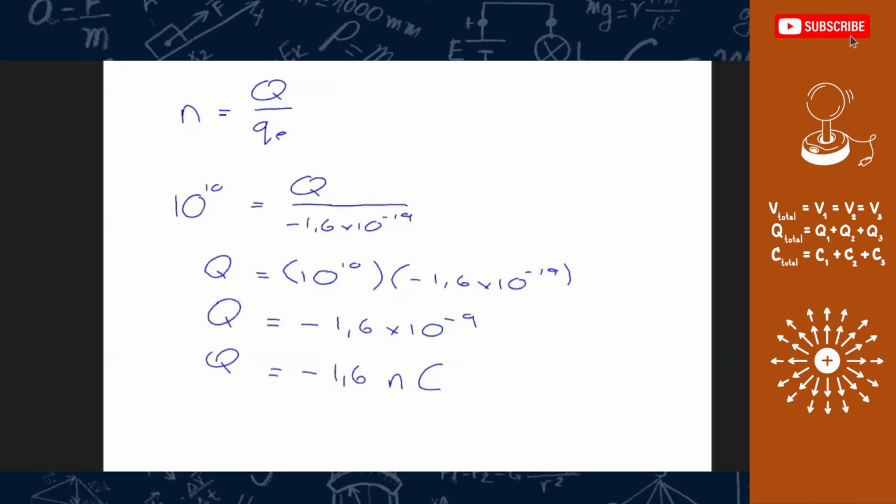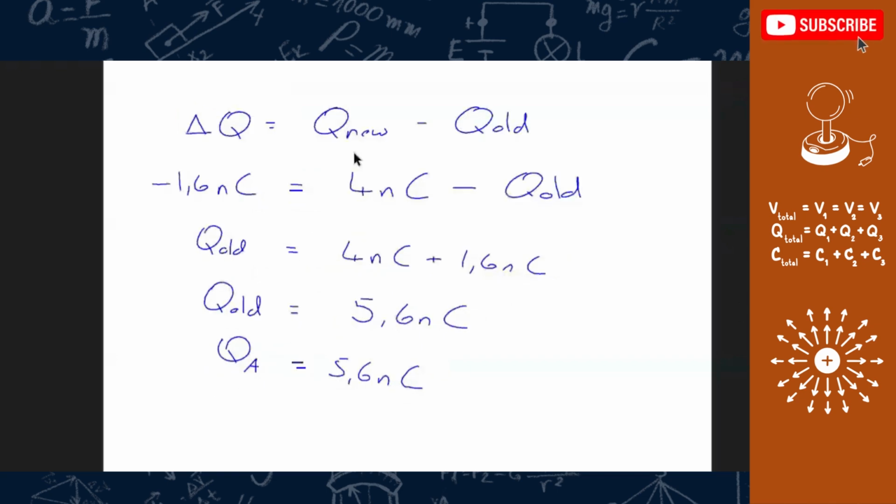The first thing we want to do is calculate the change in charge, because we know the number of electrons that were transferred. We know the charge of an electron. Therefore, we would say that the change in charge was minus 1.6 times 10 to the power of minus 9 coulombs, or nanocoulombs.